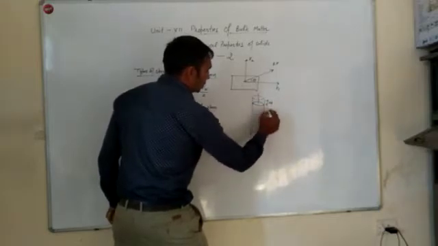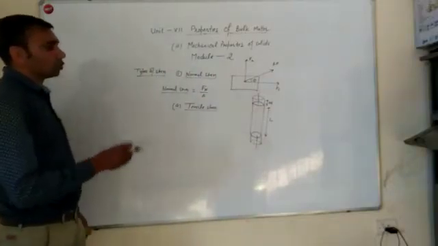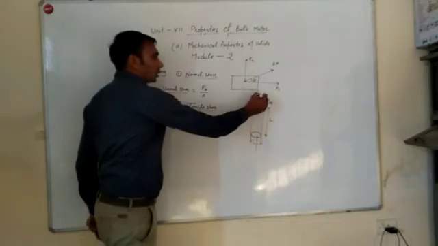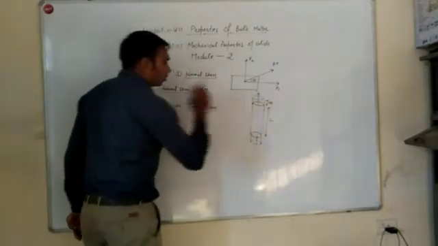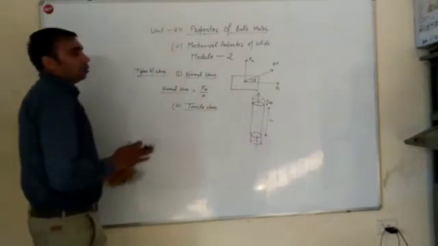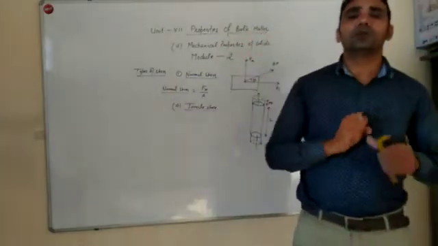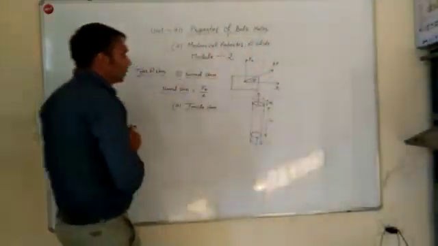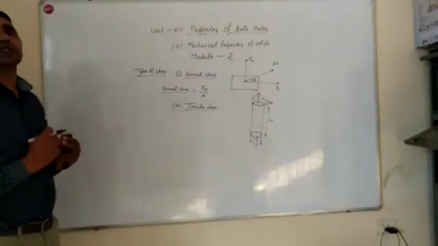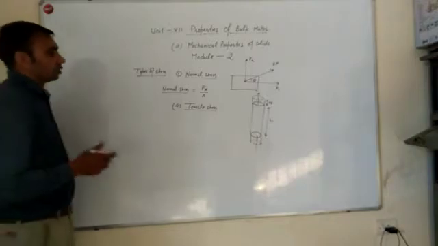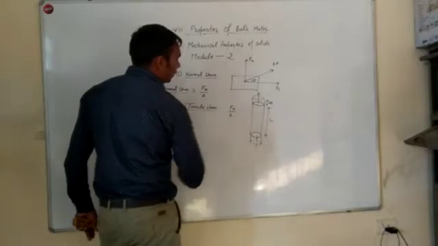The normal component of the restoring force divided by the cross-sectional area of the body is called normal stress. So it is written as normal component of restoring force divided by area.